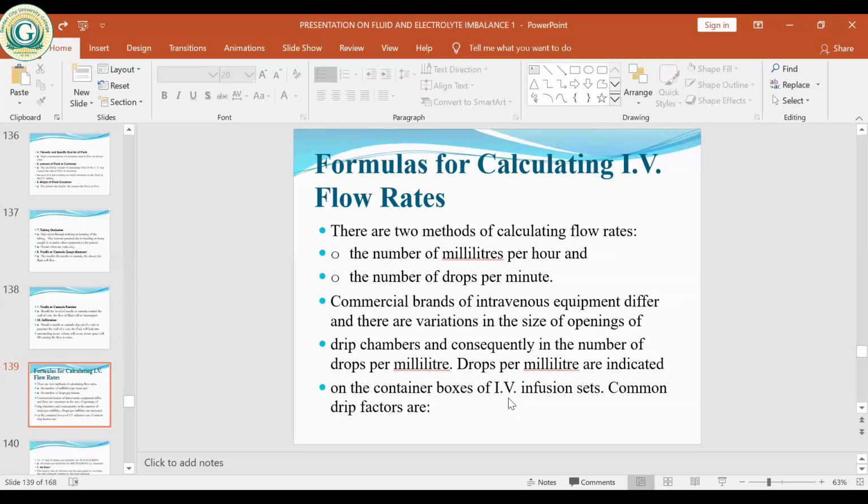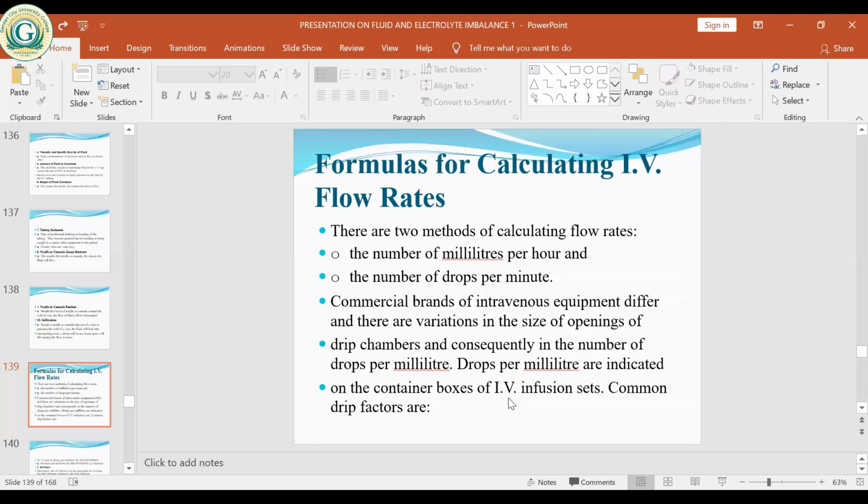Formula for calculating the IV flow rates. We have formulas for calculating the flow rates, and this always comes in examination. Whether you like it or you don't like it, you do calculations. There are two methods of calculating the flow rates. We have the number of milliliters per hour and the number of drops per minute.